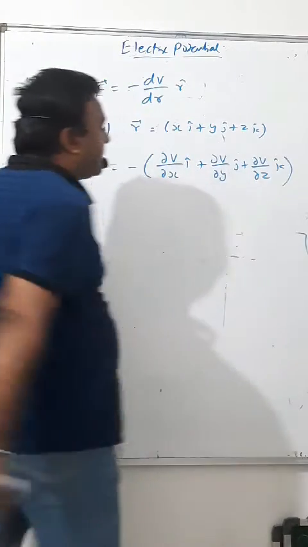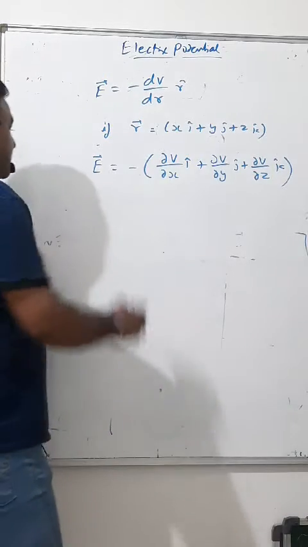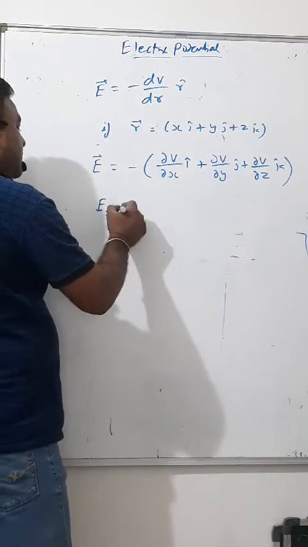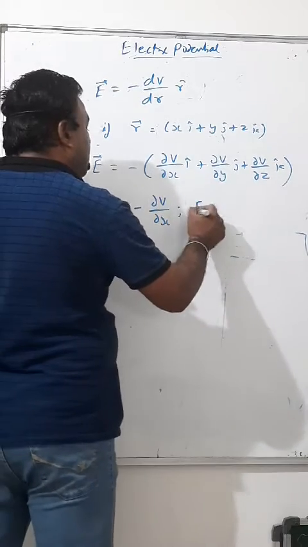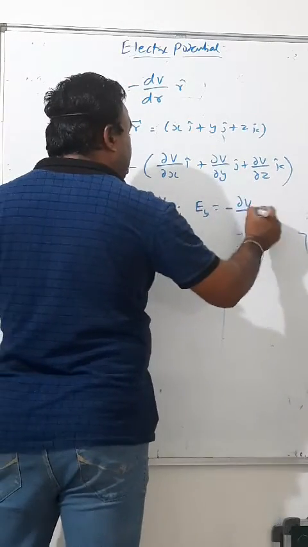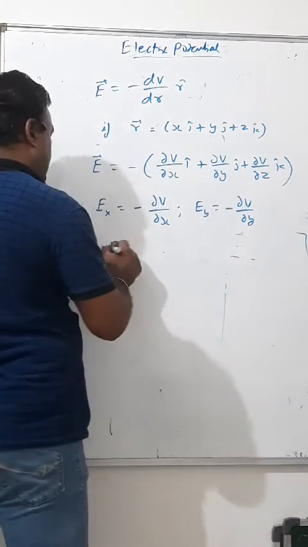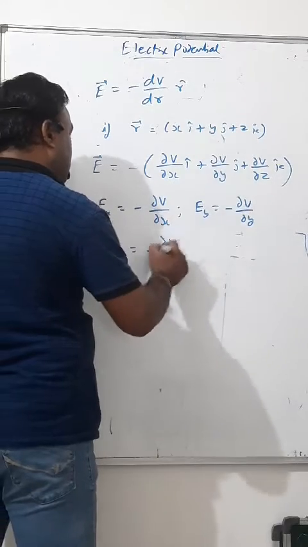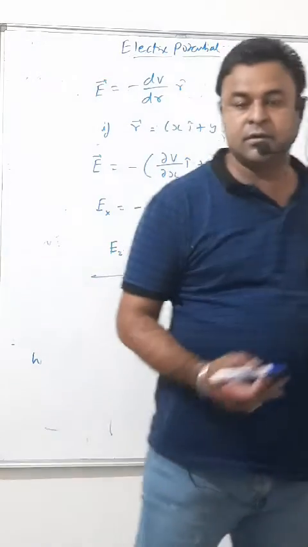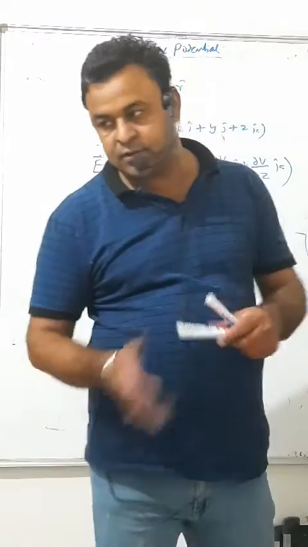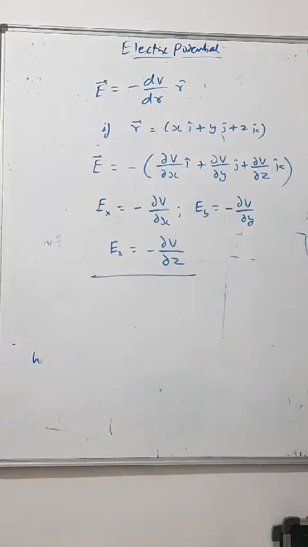Now, very simple, I have Ex equals minus del V by del x, Ey equals minus del V by del y, Ez equals minus del V by del z. All these problems are solved. This is the relation between E and V.